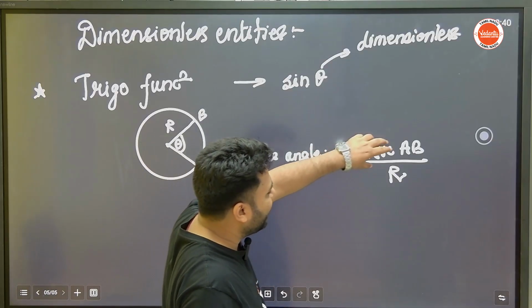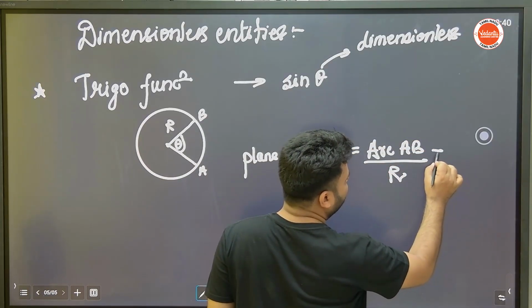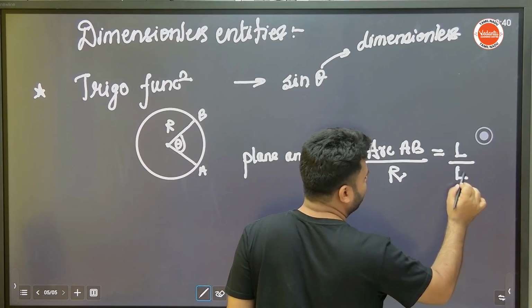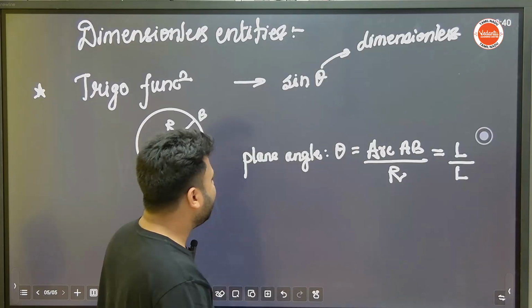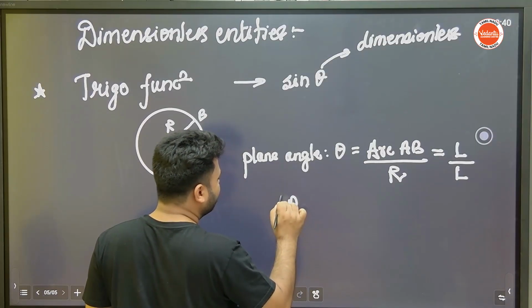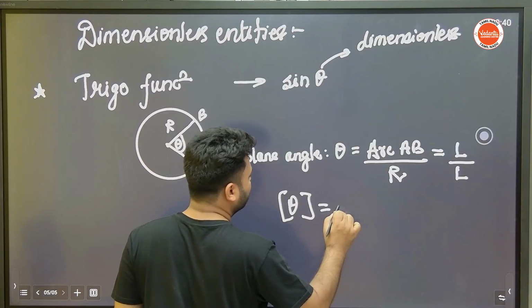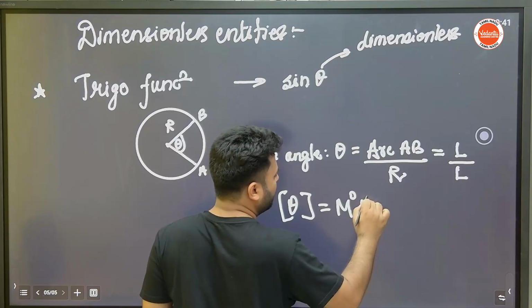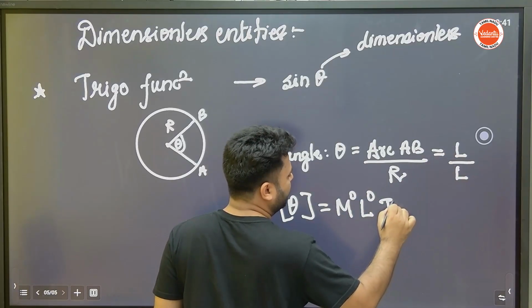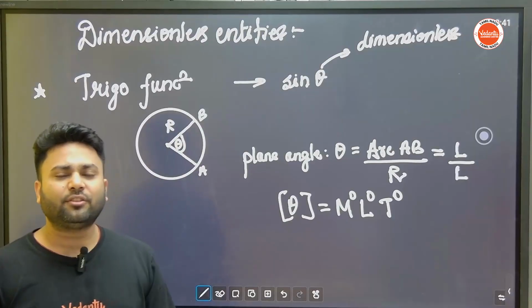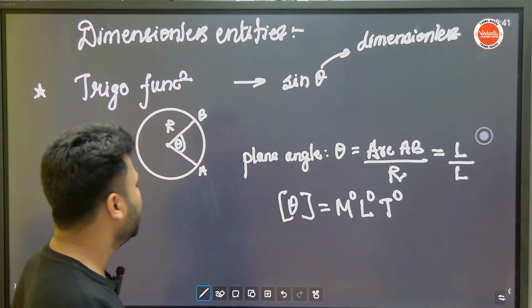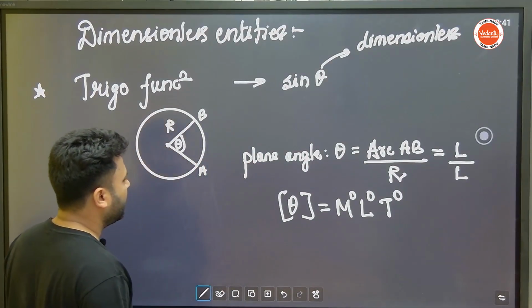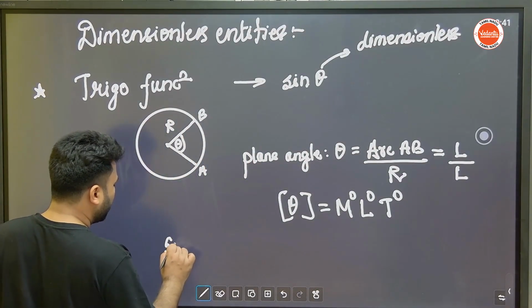Now this arc length AB will have the dimension of length, and this radius also will have the dimension of length. So finally, if someone asks the dimension of theta, there is no mass, so M to the power 0. L also 1 minus 1, 0, you can cancel. And there is no time, so 0. So the dimension of any theta is always M0 L0 T0.